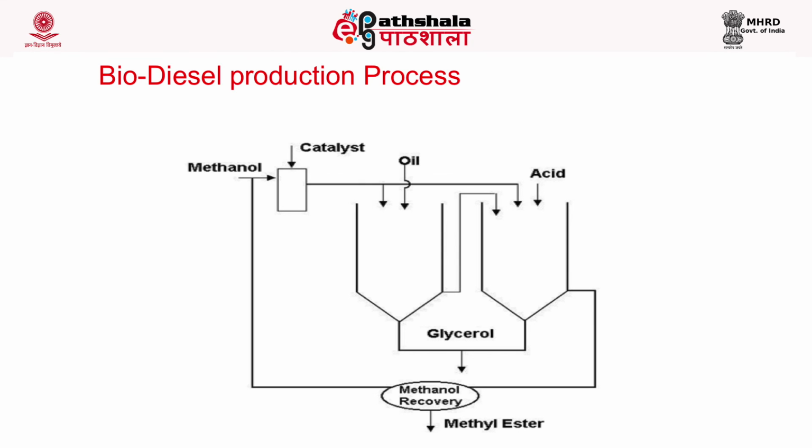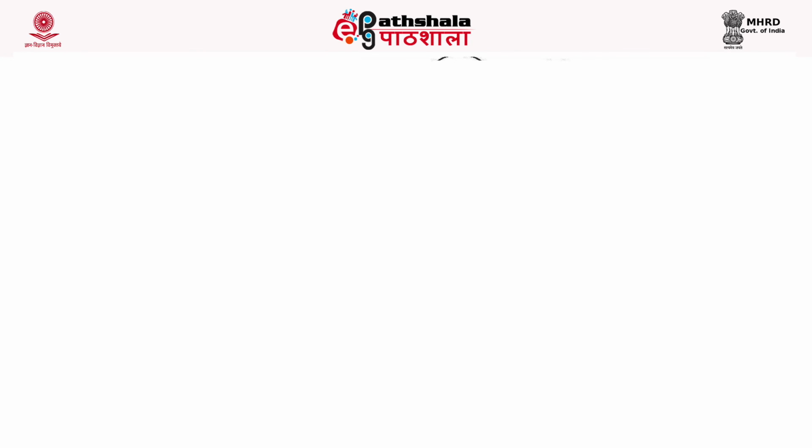Now the bottom phase from both the reactors which contains glycerol can be transferred to the Glycerol Recovery Unit, and the upper layer which contains biodiesel can be sent to the Methanol Recovery Unit, and it is then separated into methanol and biodiesel.